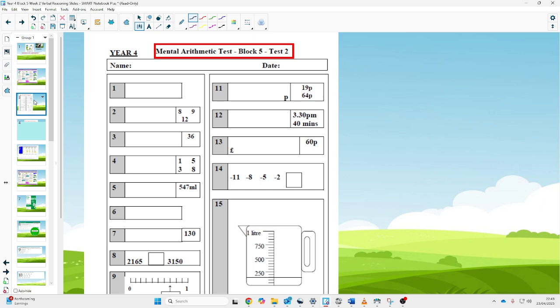What is 130 divided by 10? Question number 8. Write the correct sign or symbol, greater than or less than, in the empty box.